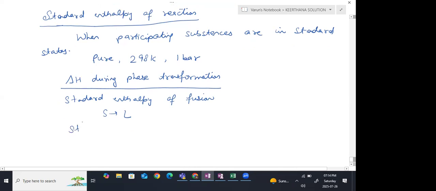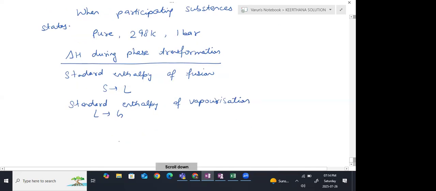Next, we have standard enthalpy of vaporization. Vaporization is when a liquid changes into gas or vapors, right? So in that case, I will say that my standard enthalpy of vaporization is taking place. Next, I have sublimation. In this way, we can have several enthalpies.